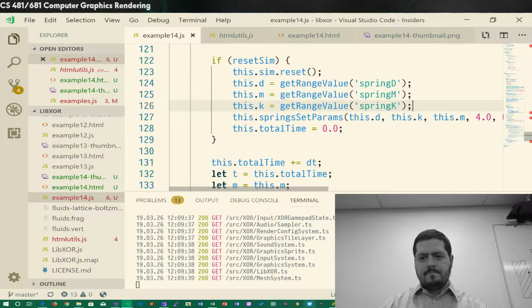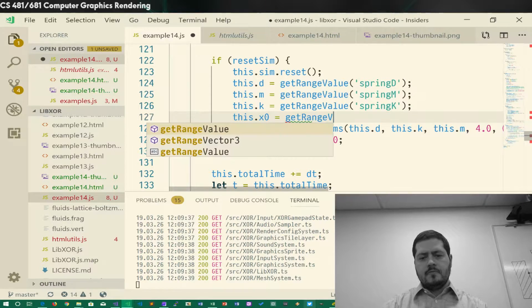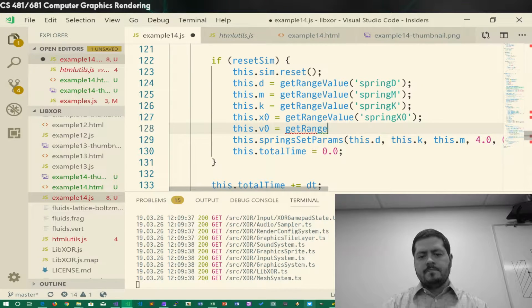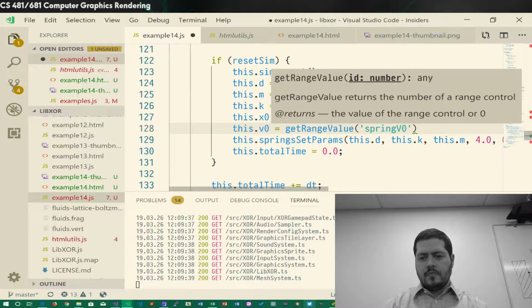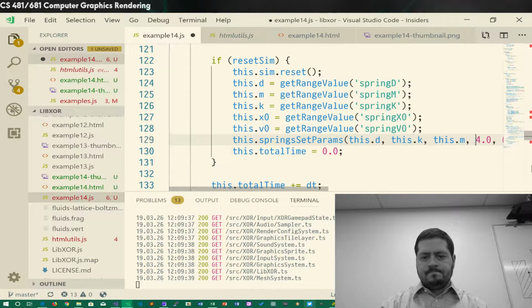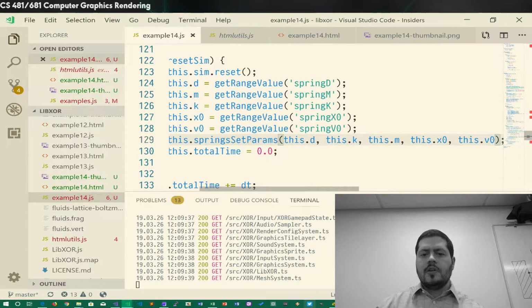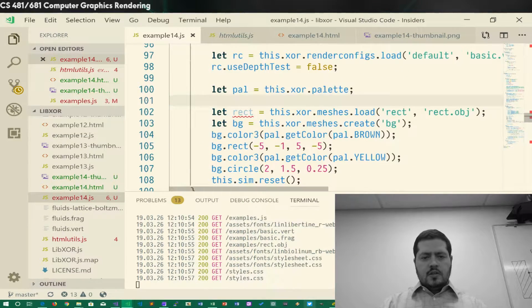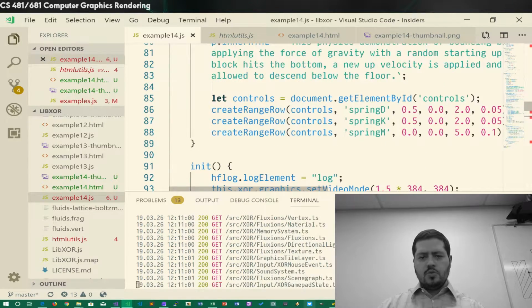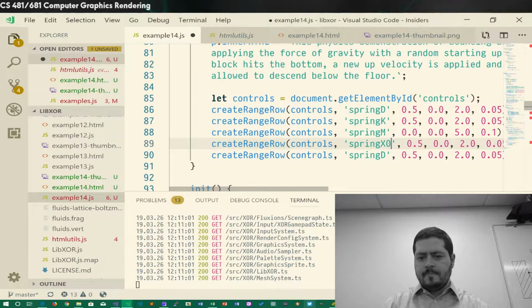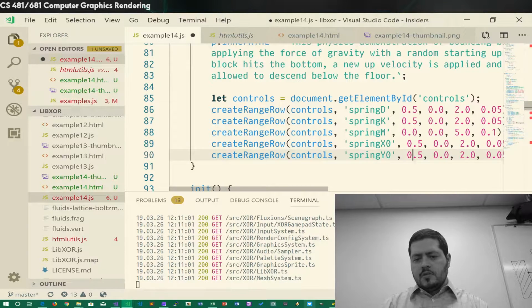D. I was thinking we could add, okay, let's go up here, to spring D, spring K, spring M. Oops.